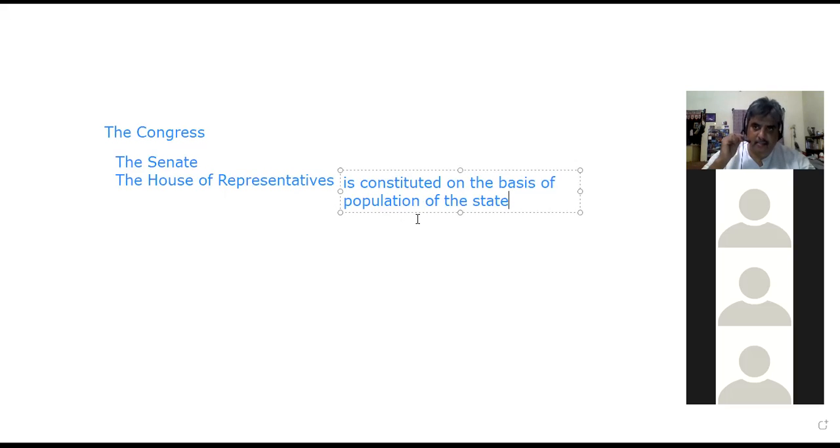So a big state like California or Texas has a greater number of representatives, which is the case even with our Lok Sabha.